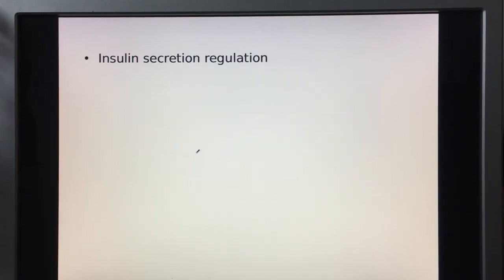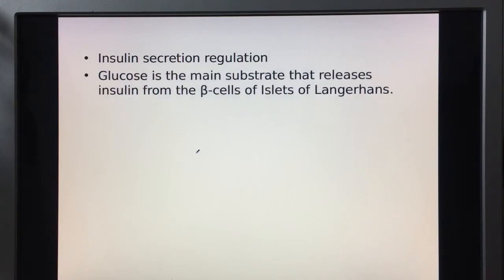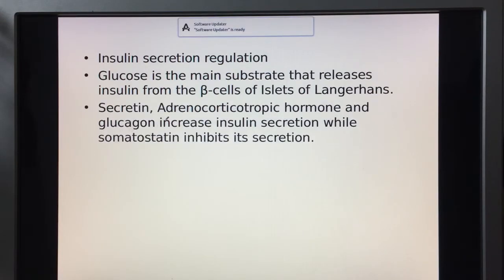In addition to glucose, secretin, adrenocorticotropic hormone, and glucagon increase insulin secretion, while the hormone somatostatin inhibits the secretion of insulin.